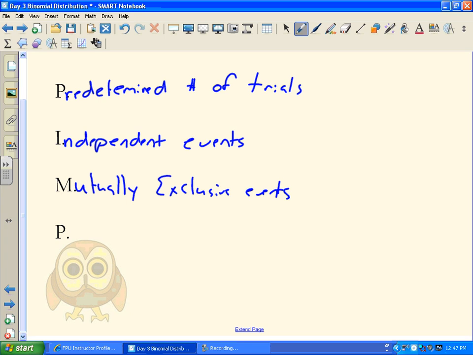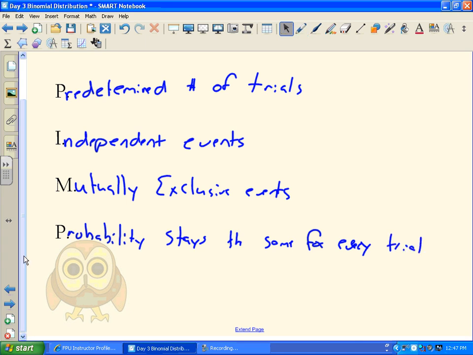And lastly, S: the probability stays the same for every event or trial. In this case, I'm using trials and events as the same meaning here. That word means the same in the context.